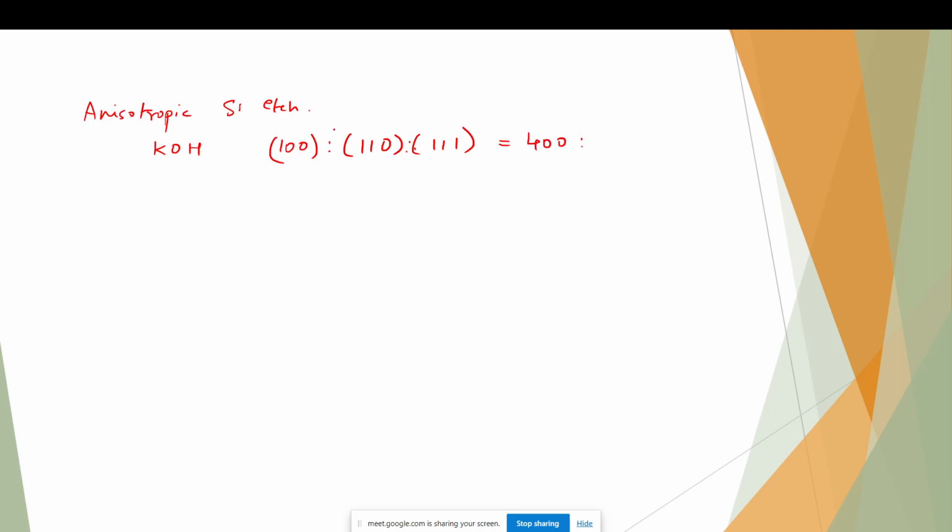The 100 it will readily etch, 110 also it will readily etch, but 111 it will not etch, as the etch rate is very small for 111 compared to the other two surfaces. So that is KOH etching, and the only problem with this is that it will form K plus and OH minus during the reaction. These K plus ions are alkali, and they are basically contaminants.